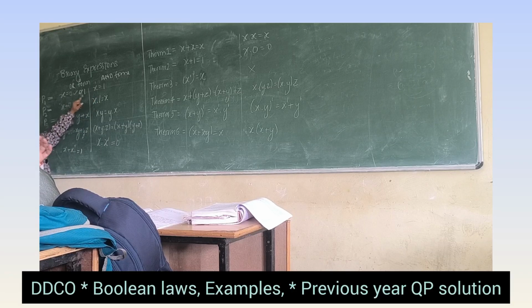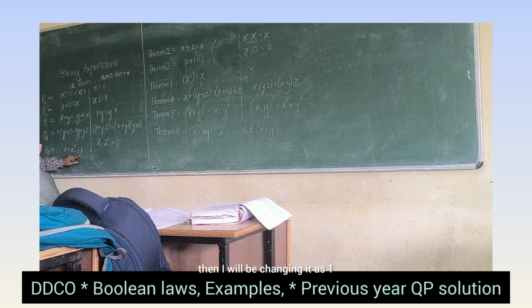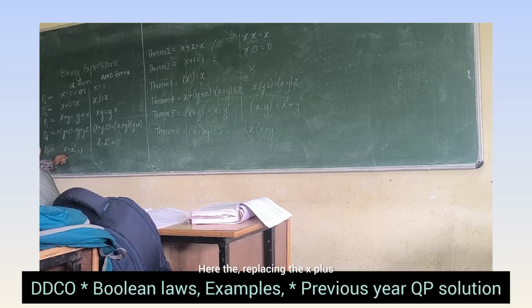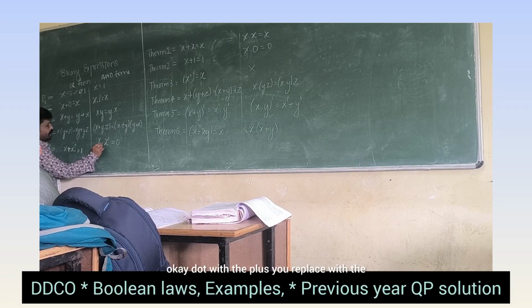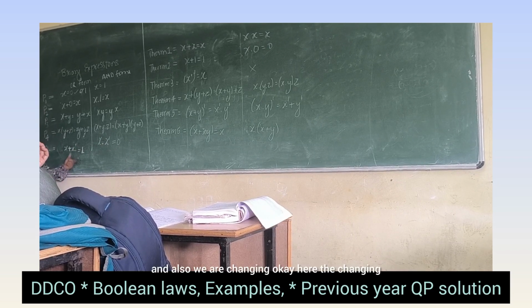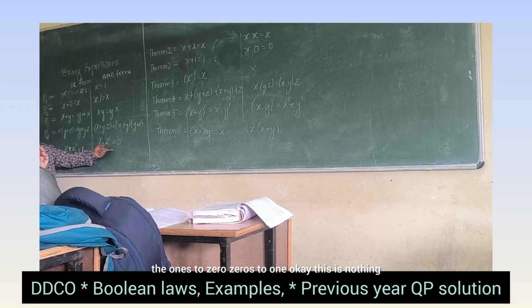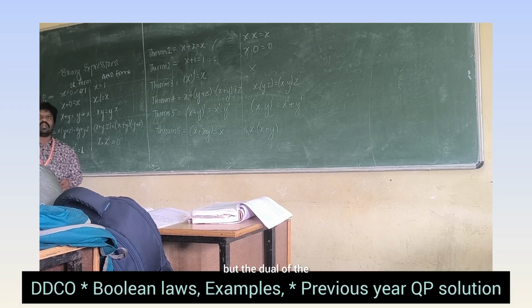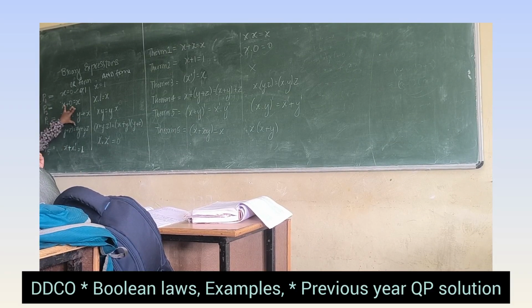If it is a 0, then I will change it to 1. Here x plus x bar is 1; replacing the plus with the dot, interchanging OR to AND, and changing the 1s to 0 and 0s to 1. This is the dual of the first Boolean equation.